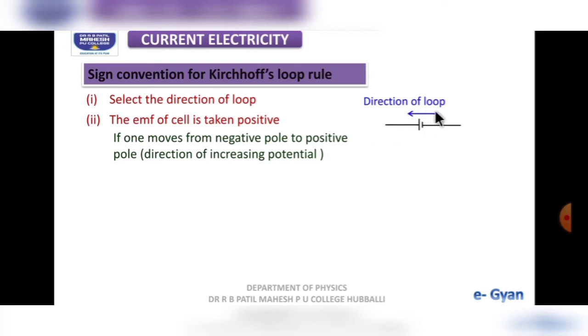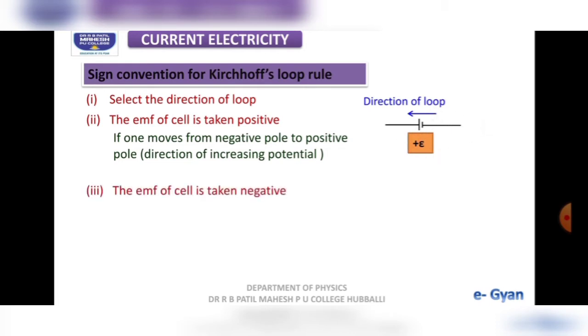The direction of loop is along this direction and it is moving from negative to positive potential. That means it is moving in increasing potential. Hence, EMF of the cell is taken positive. If you take the difference between these two, we get positive voltage. Hence, the EMF is taken as positive.